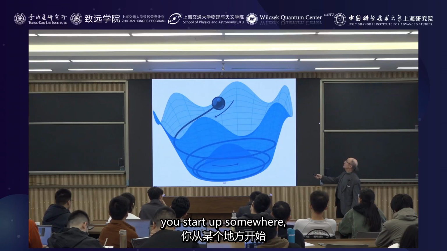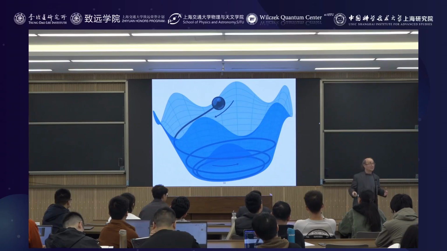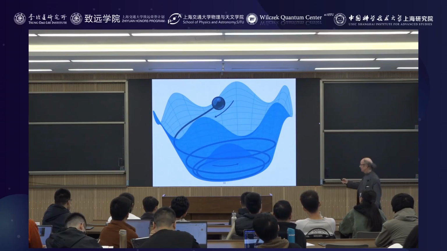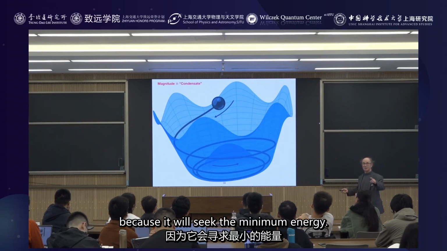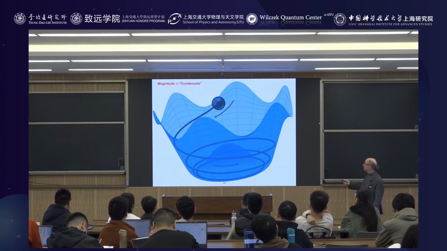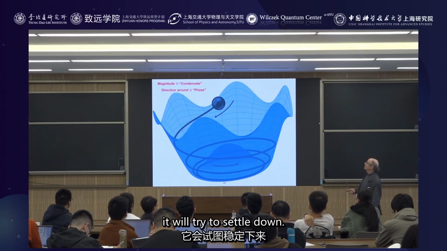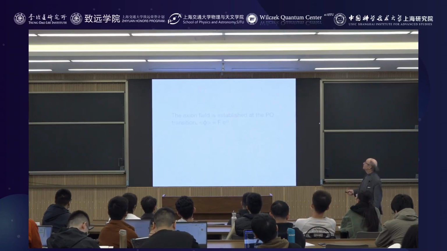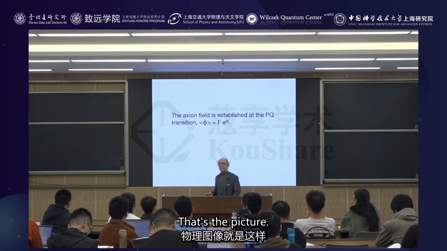In the early universe, you start up somewhere, and because the early universe is hot, it's going to have random values at some level, and then condense, and then start rolling down because it'll seek the minimum energy as the temperature becomes less important. It'll try to settle down. So that's the picture.